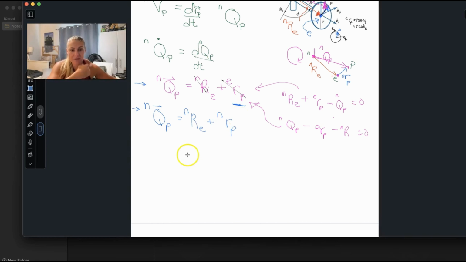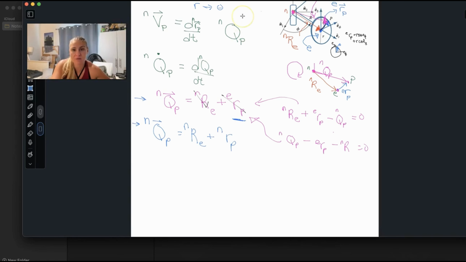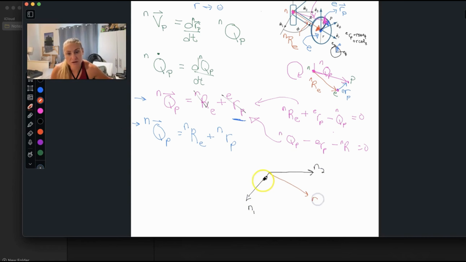If we look at big R in the n frame, I can see that it is going to have a component in n1 and n2. So this just looks like, this is n2, this is n1, my r comes out somewhere here, and this is phi.